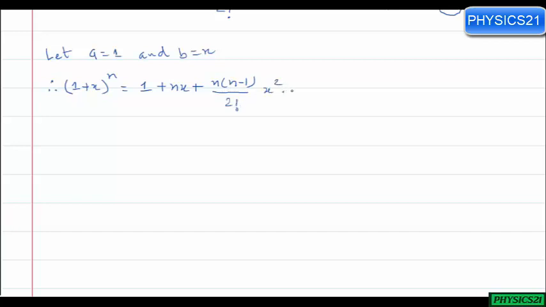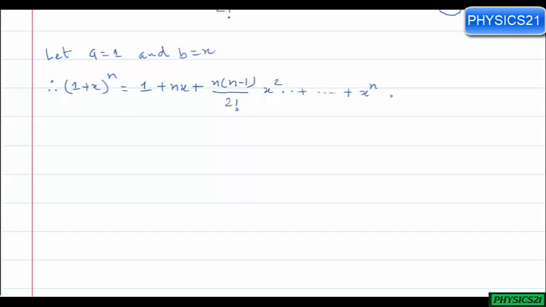Let a equal 1 and b equal x, and we get 1 plus x raised to power n is equal to 1 plus nx plus n(n minus 1) divided by factorial 2 x squared, and in the same order the last term will be x raised to power n.